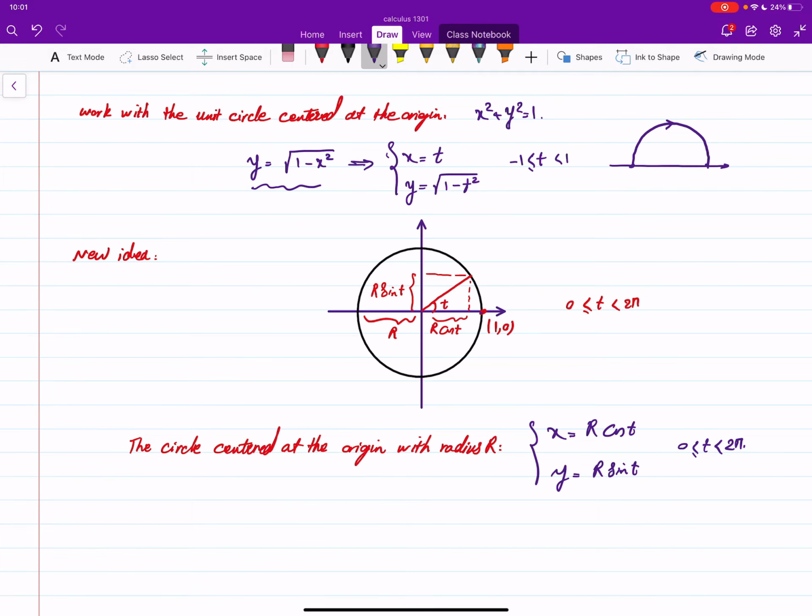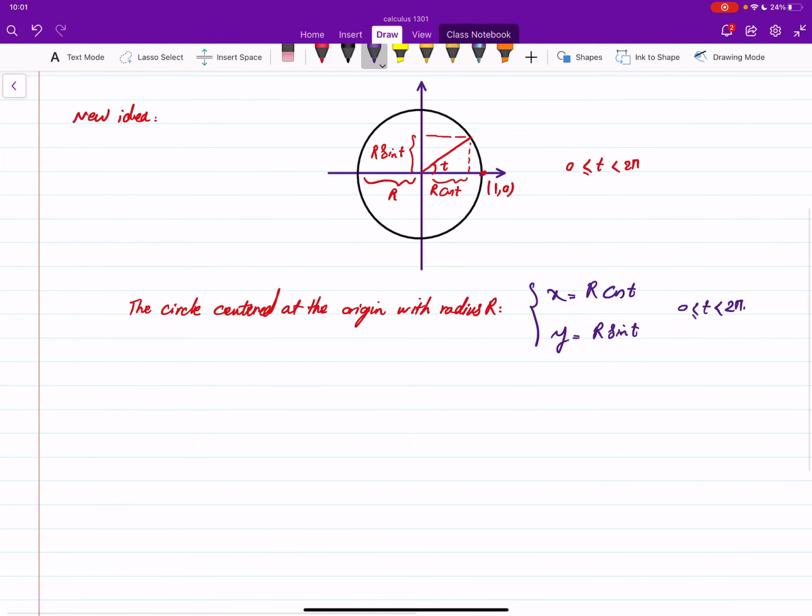But what will happen if we are interested in going around a circle not centered at the origin, in general at the point (a, b)? Well, for that, what you need to remember is that it is enough to shift the circle, I mean the center of the circle, to (a, b).